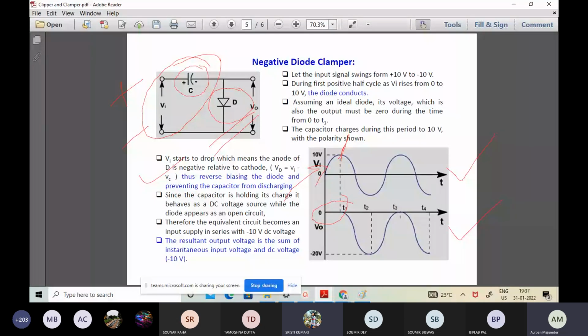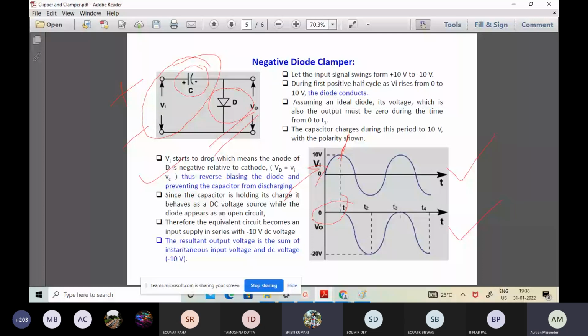What would really happen? 9 minus 10 gives minus 1. That minus 1 volt is not going to put the diode into the conduction phase. So the diode is open. V0 will follow the input cycle. So V0 should be equal to minus 1. Very obvious. Diode is off, diode is open, so obviously V0 should be equal to minus 1.